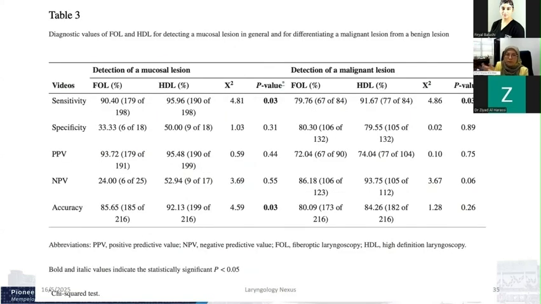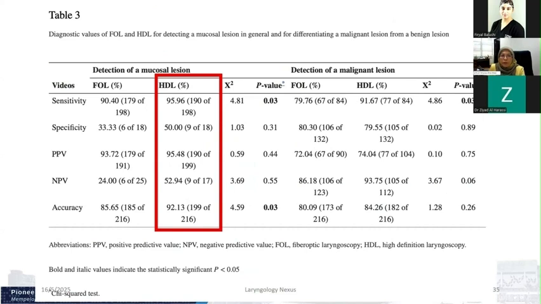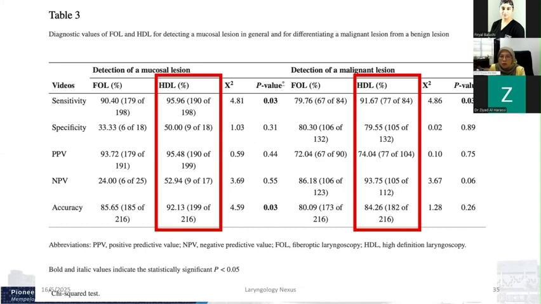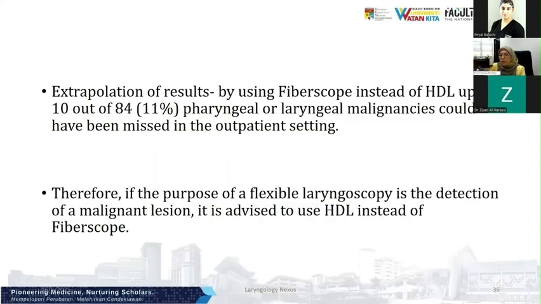On this study, it shows that the video endoscope has higher sensitivity and specificity in detection of mucosal lesion and malignant lesion. From this study, it is extrapolated that if you don't use a video endoscope and use a fiberscope instead, you have a chance of 11% of missing out laryngeal malignancies in the outpatient setting.